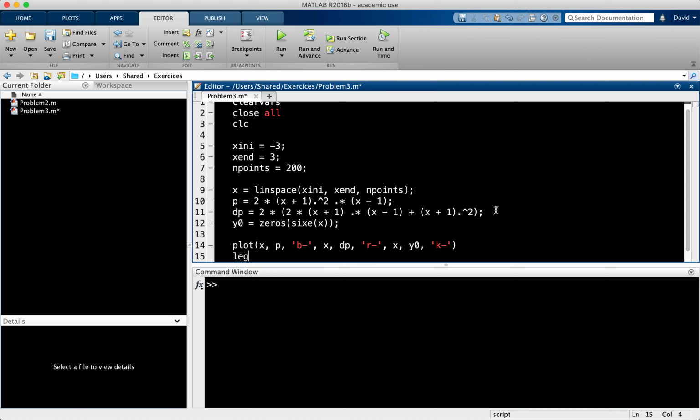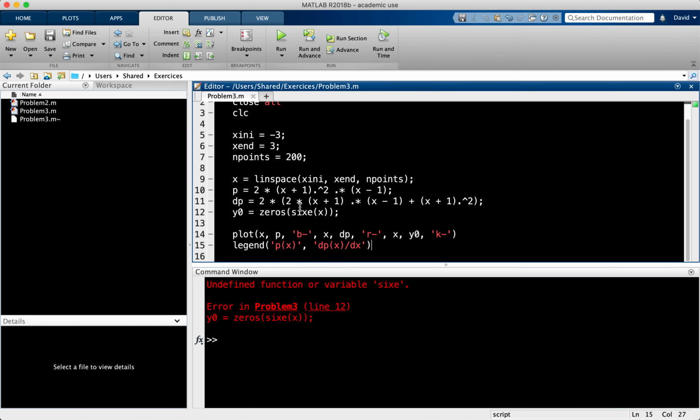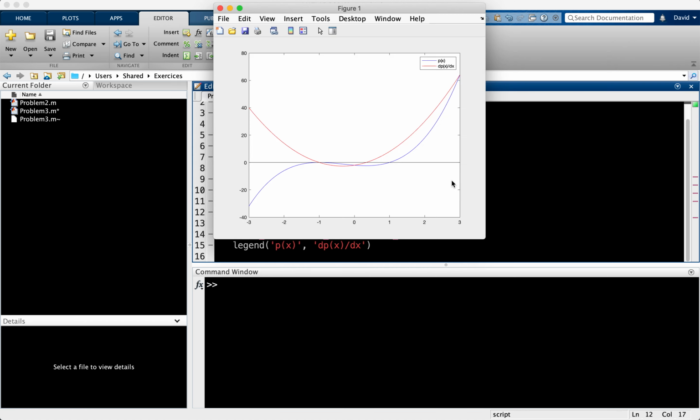And we can format the plot using the legend, where firstly we plot the function p and then the derivative of the function p. So we can run this. And I did a typo here. So let's run it.